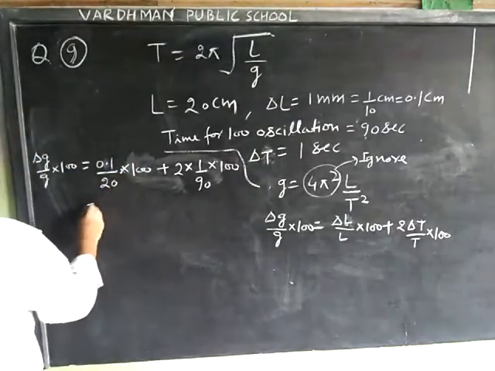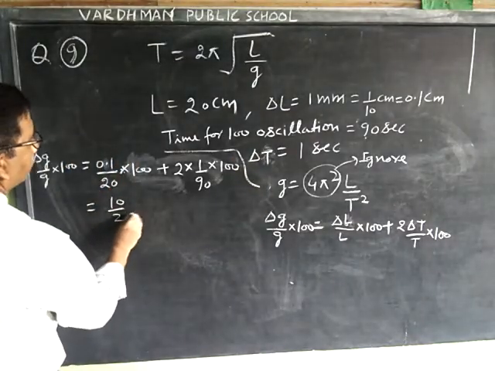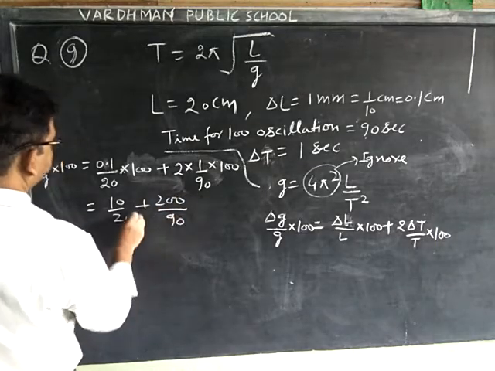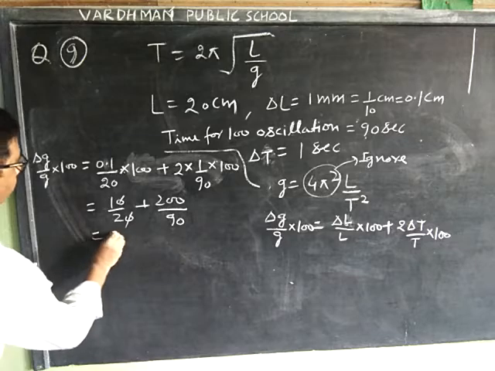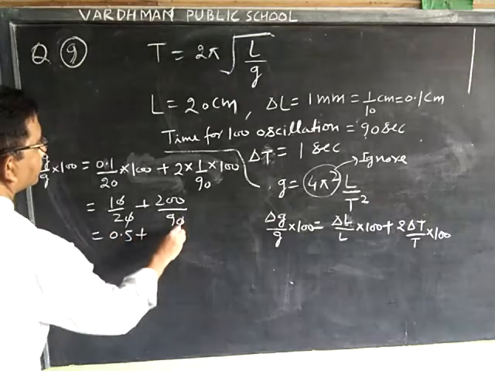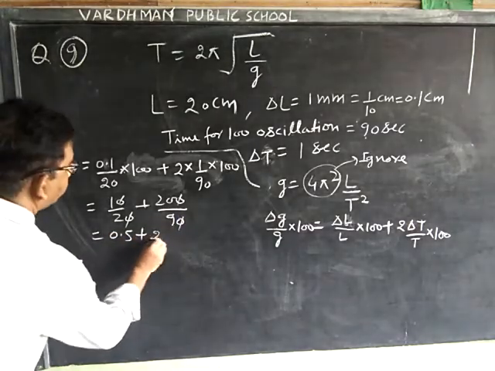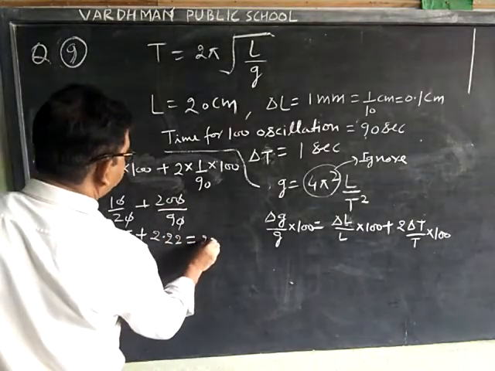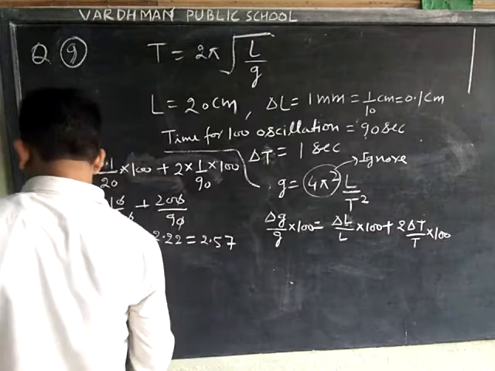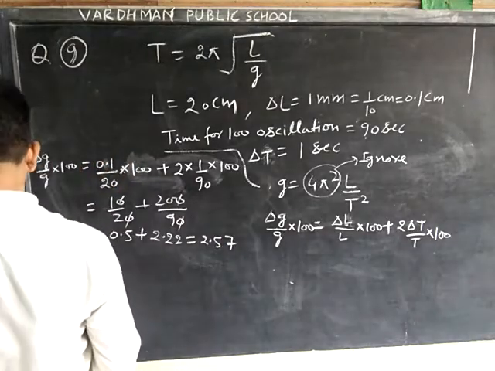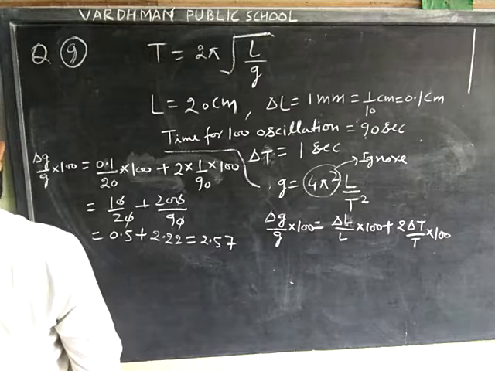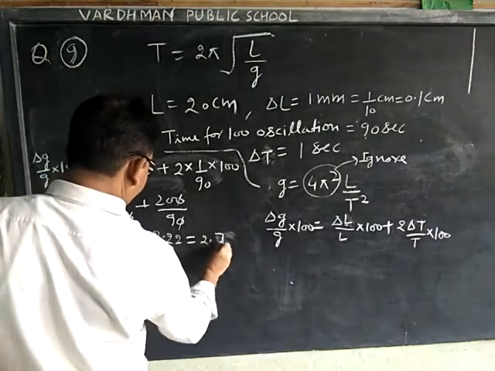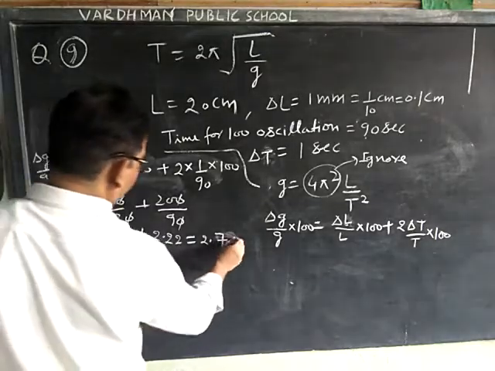Then it becomes 10 upon 20 plus 200 upon 90, that is 0.5 plus 2.22, that is 2.72.